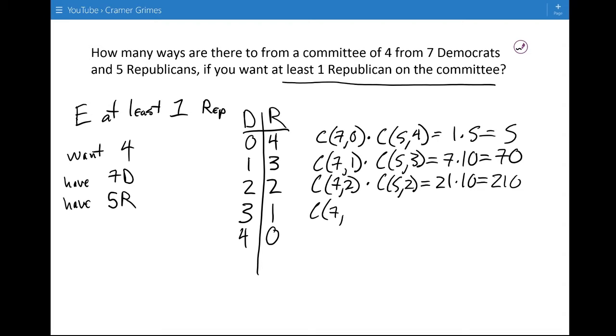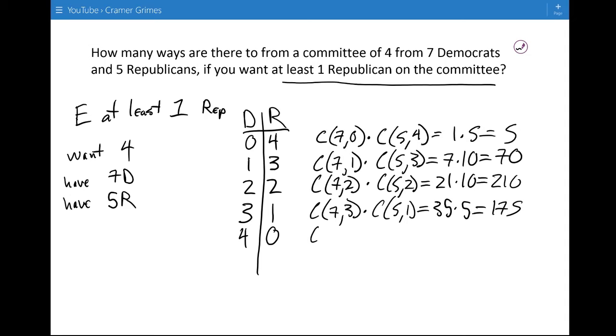Combination of the 7 Democrats, choose 3, times combination of the 5 Republicans, choose 1. 7 choose 3 is 35. 5 choose 1 is 5. 35 times 5, 175.